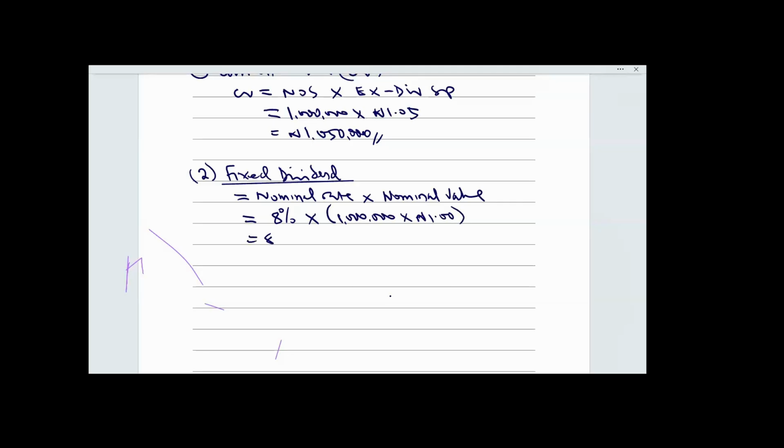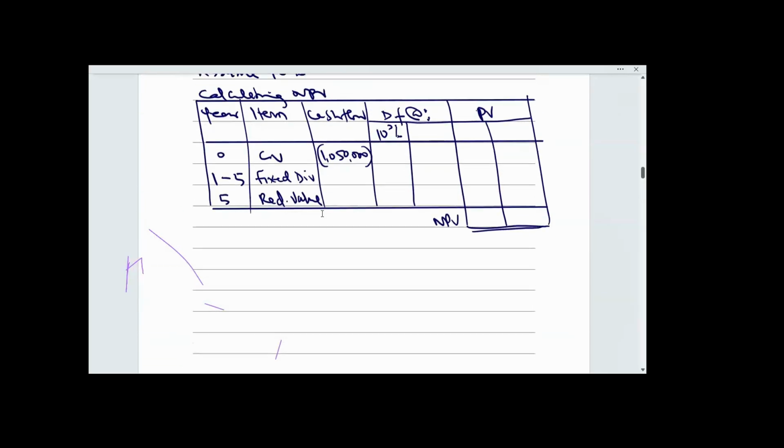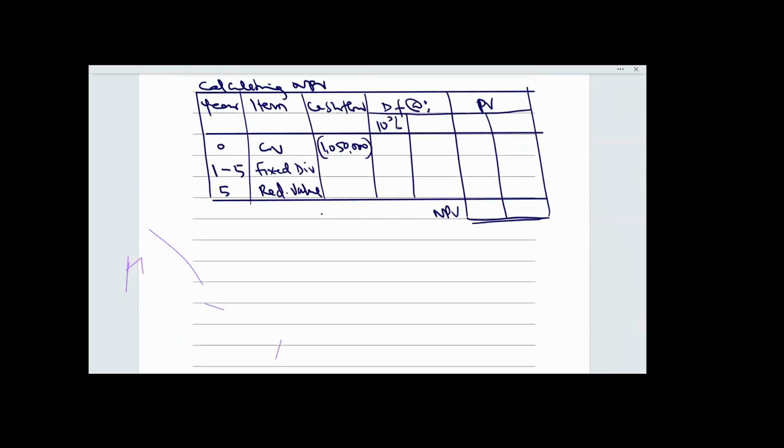So here it will be 8% multiplied by 1 million naira, which is 80,000 naira. So the annual fixed dividend that the company will pay to the preference shareholders is 80,000. That 80,000 naira is fixed, and that's why we are calculating from year 1 to year 5.